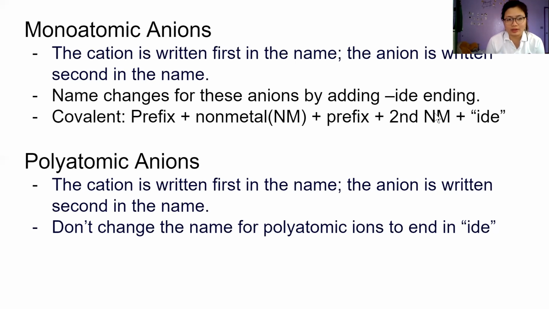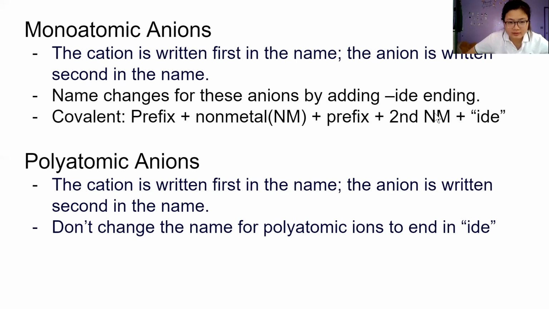For example, like the earlier example NaCl, for the cation we only say sodium, but Cl is the anion and it always goes at the end. So we say Cl is chloride, adding IDE at the end of chlorine, so it makes chloride.